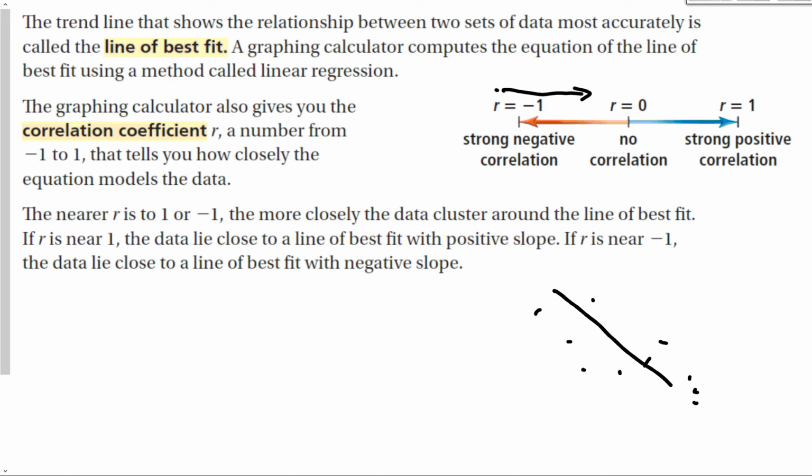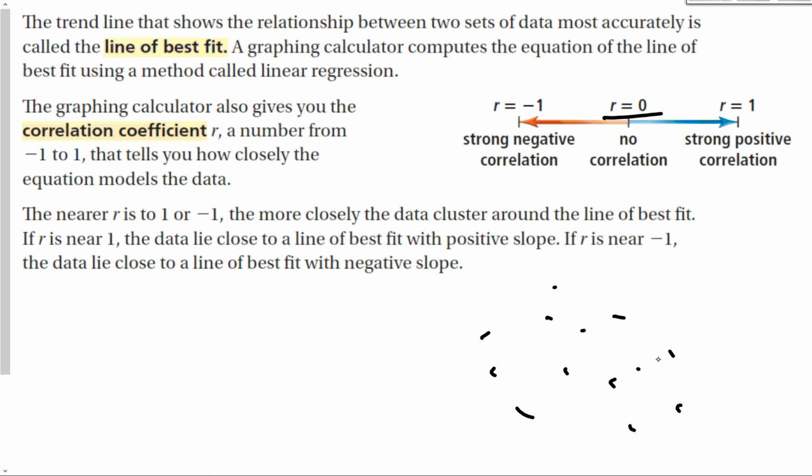This would not have a correlation of 1 or -1. This would have maybe a 0.6 or 0.5 or something like that. As you get to 0, the points are going to be all over the place. So when you have your graph and your points are all over, there is no correlation.